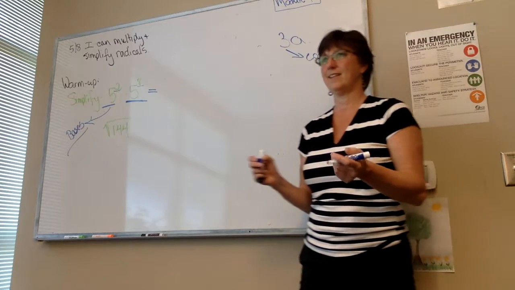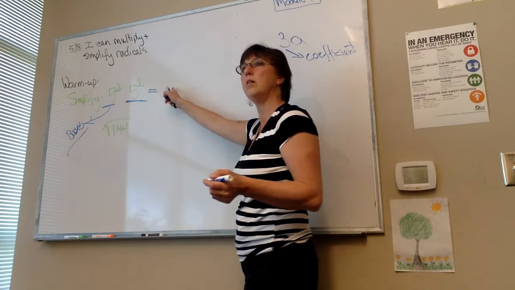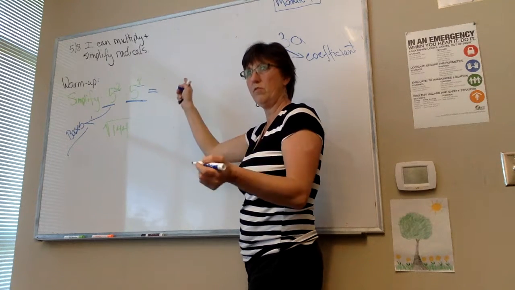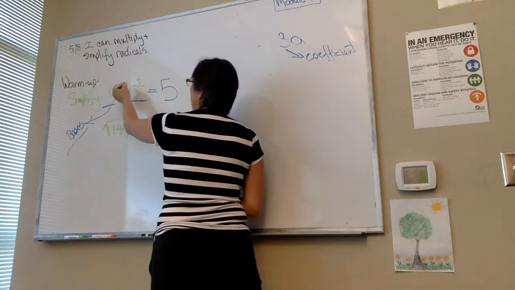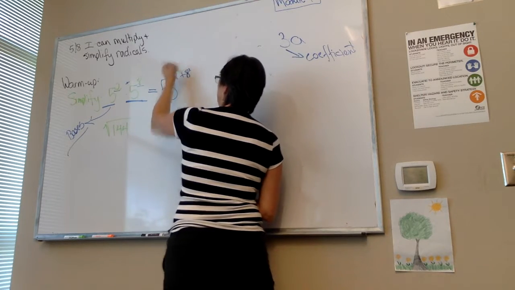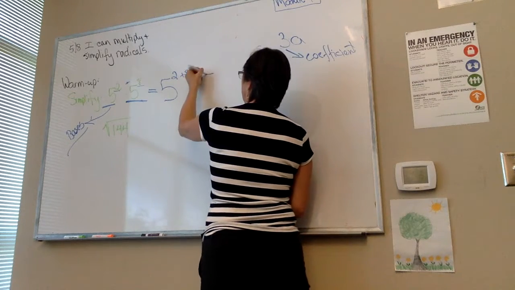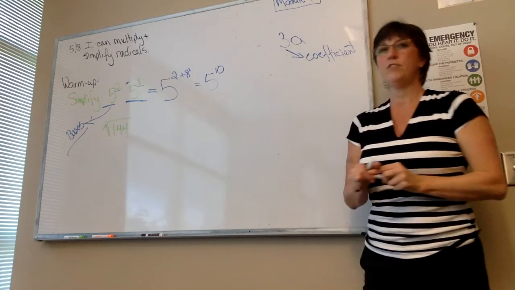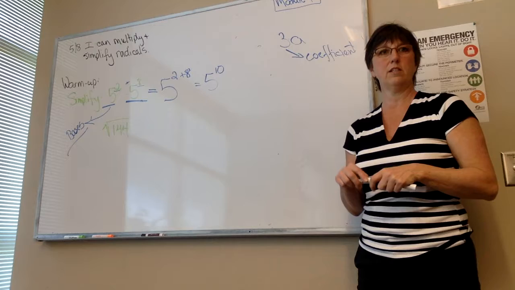Since the bases are the same, can't you do the top now? What do you mean do the top? You can multiply the exponents, right? Close. Very close. So we take that base and we add them together. That becomes 5 to the power of 10.